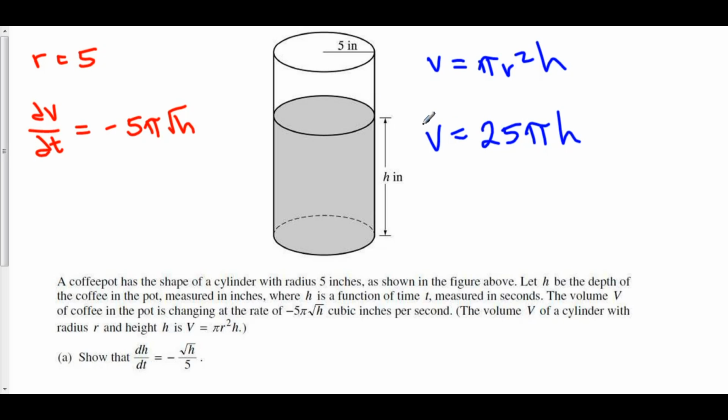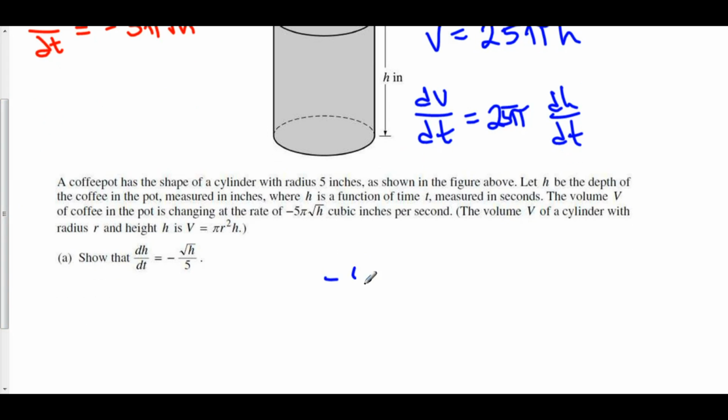The derivative of V with respect to t is dV/dt. 25 pi is a constant, we can pull that out, 25 pi. And the derivative of h with respect to t is dh/dt. At this point, all I have to do is just plug in dV/dt, and you're golden. dV/dt is negative 5 pi root h.